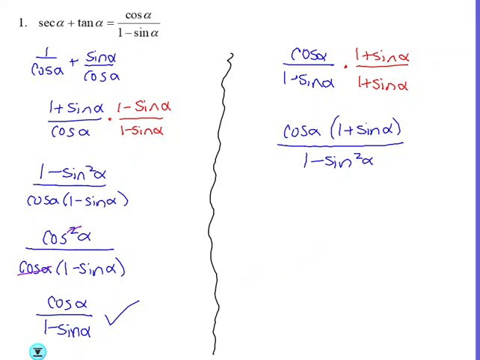Now, by using my Pythagorean identities, I can change 1 minus sine squared of alpha to cosine squared alpha. And then I can cancel cosine of alpha with one of these cosine of alphas.